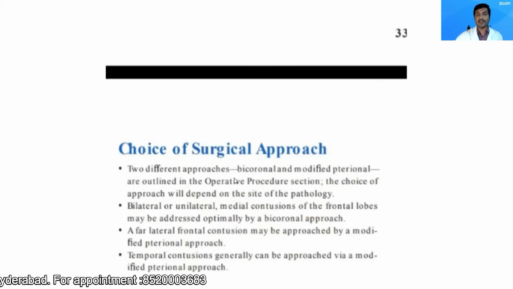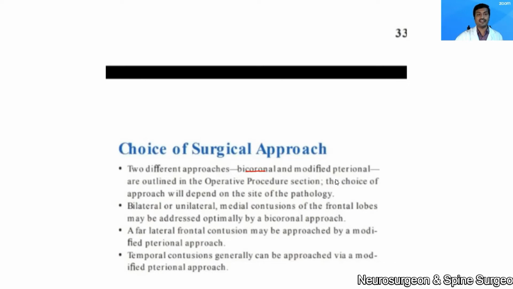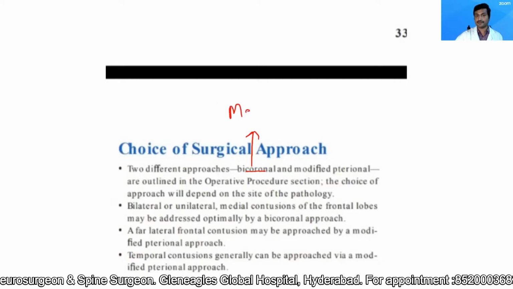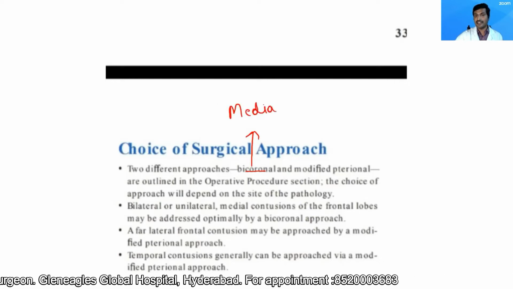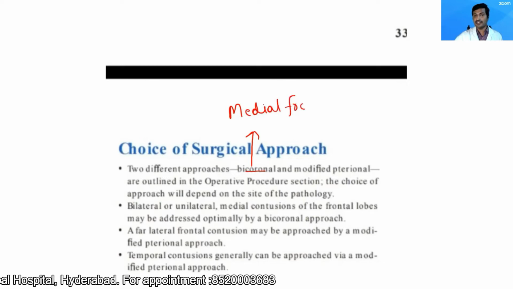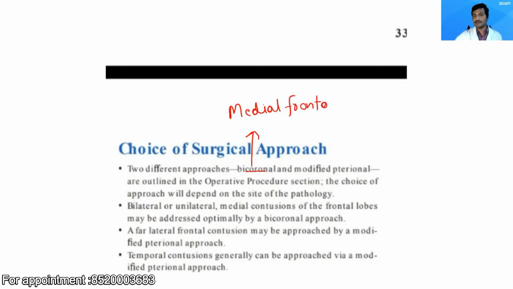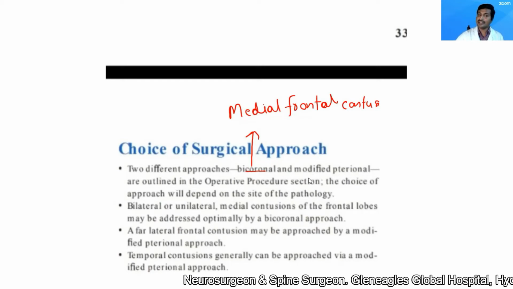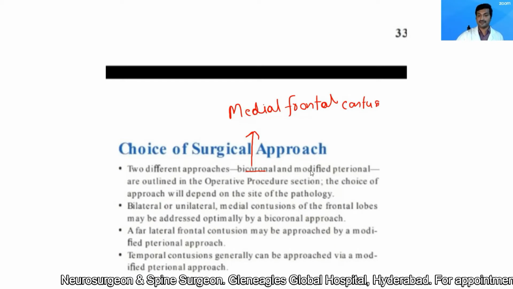As I told in my previous session, there are two different approaches, the bicoronal and the modified pterional approach. The bicoronal approach is for medial frontal contusions, and the modified pterional approach is for the lateral frontal and the temporal contusions.